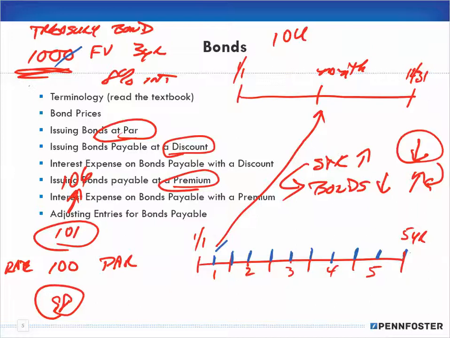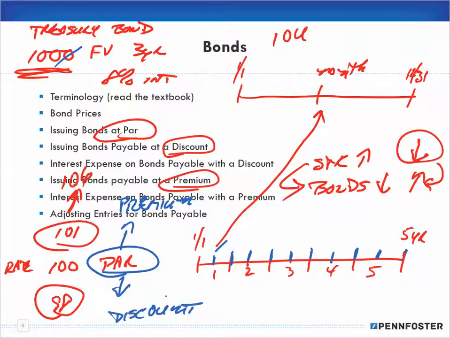They set it at par in order to give it some reference, and then from that par, if it goes up, that's a premium. And if it goes down, we're buying at a discount. The market rate is measured from the stated rate. Remember, par is the stated rate. So that's kind of it on how we look at the price of a bond.